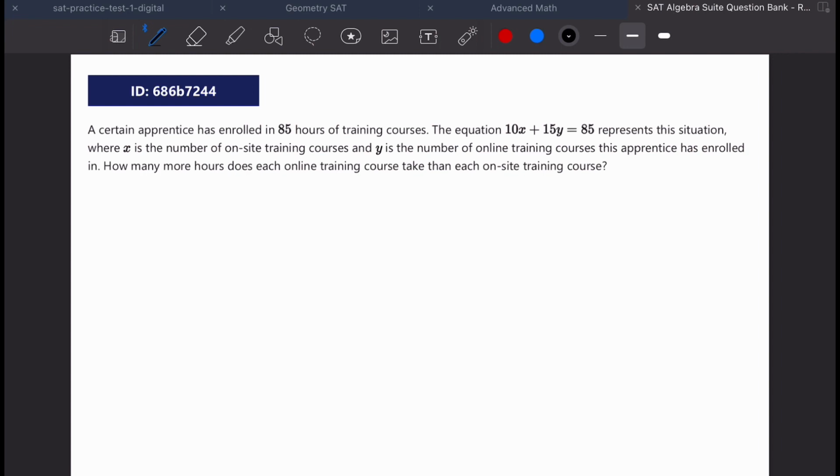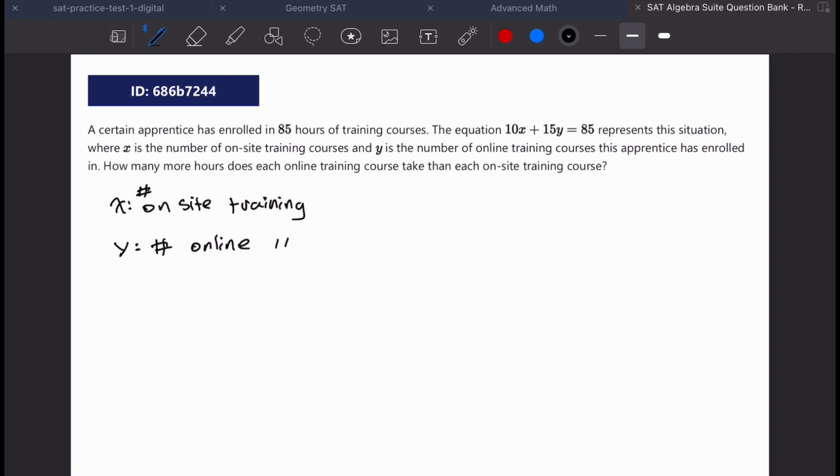So we got 2 variables and a lot of information is not given, but if we understand the question, this is like a 5-second question to solve. So x is the number of on-site training, and y is equal to the number of online training.